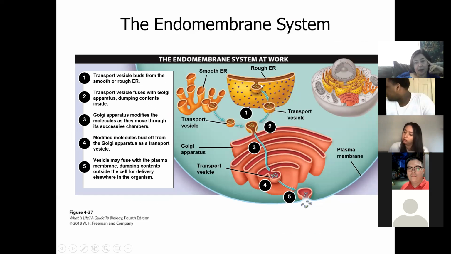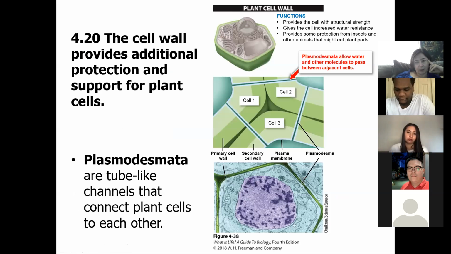Organelles that can make bubbles are the plasma membrane, endoplasmic reticulum, both smooth and rough, and Golgi apparatus. These vesicles move along the cell using the cytoskeleton as a highway. So one more time, this is called a transport vesicle that can break from certain organelles and move things around the cell.